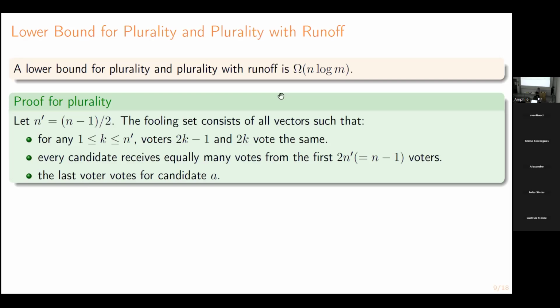So here we are looking for plurality. And even if they vote the same, they still need to vote and give the name. And so it's quite normal that you will have n log m at the end, because when you think of it intuitively, every voter still needs log m bytes to do it.